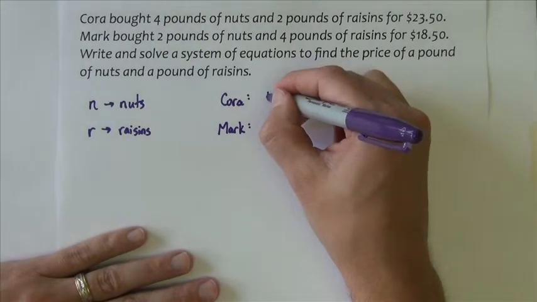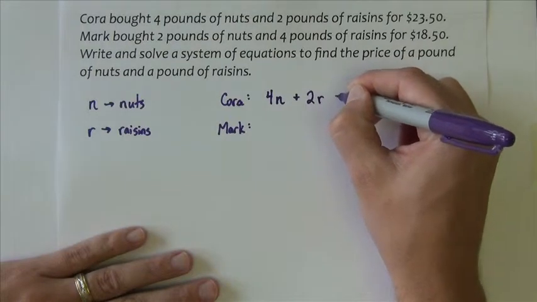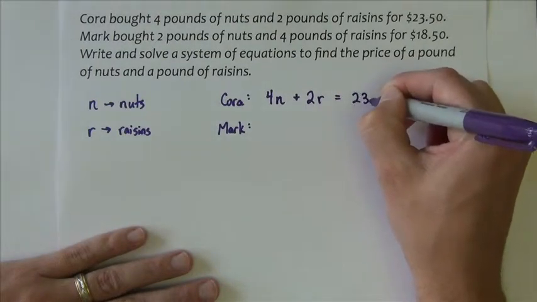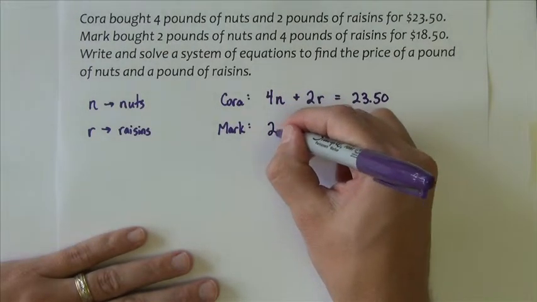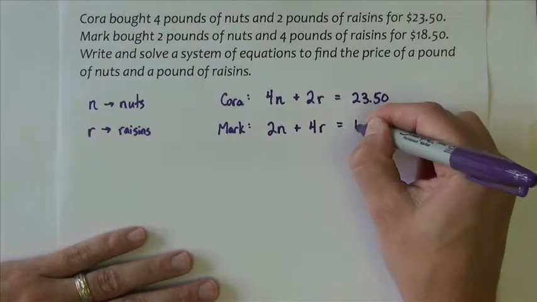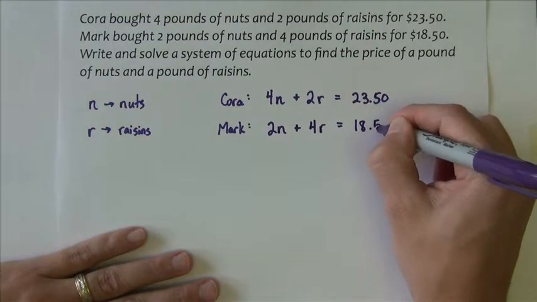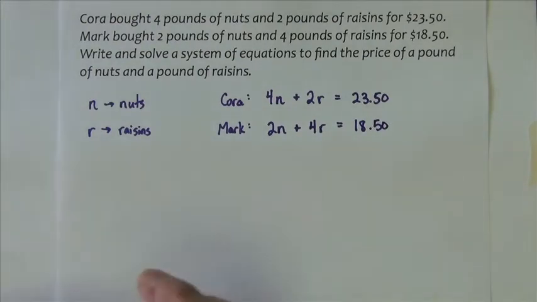She bought 4 pounds of nuts and 2 pounds of raisins and spent $23.50. Mark bought 2 pounds of nuts and 4 pounds of raisins and spent $18.50. There's our system. We're going to solve this system of equations.